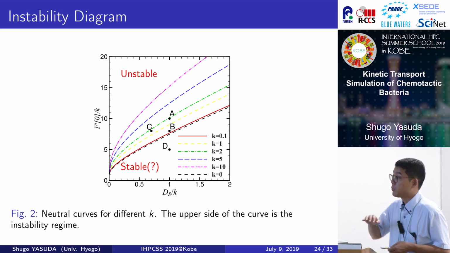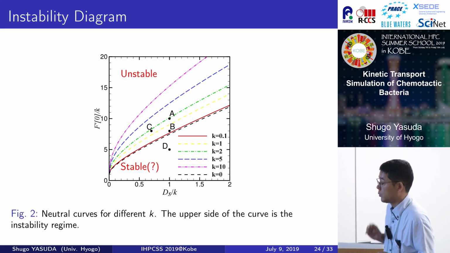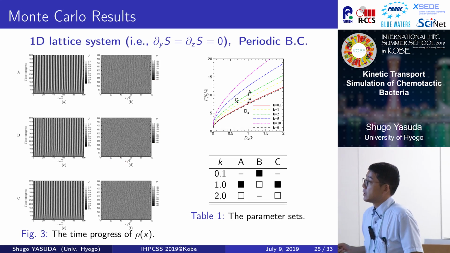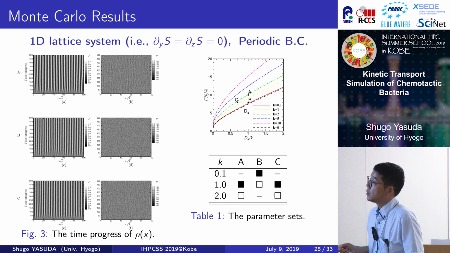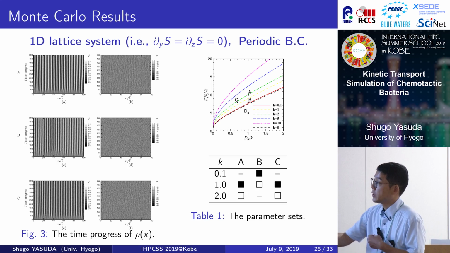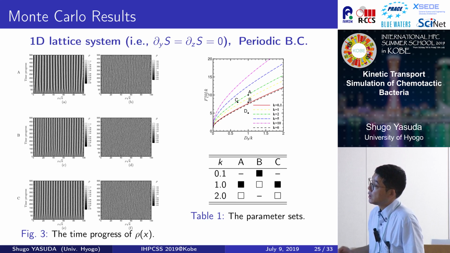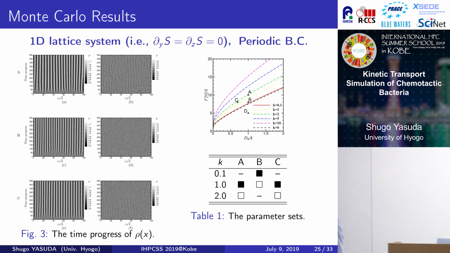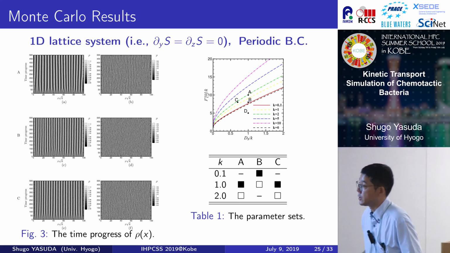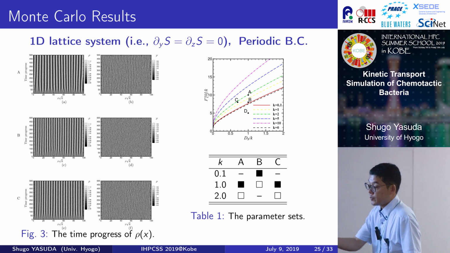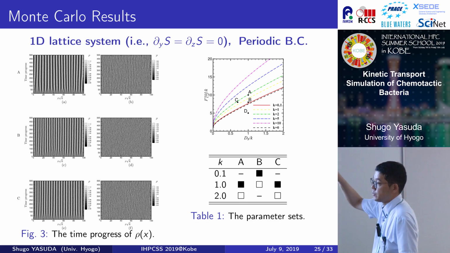To check the sharpness of this instability diagram, I carried out a Monte Carlo simulation. This is the result in the one-dimensional lattice system. Here we consider one-dimensional variation of the chemical concentration S, but particles move in three dimensions. The left column shows the pattern formation. This figure shows the spatio-temporal evolution of population density, where the horizontal axis represents space and the vertical axis represents time.